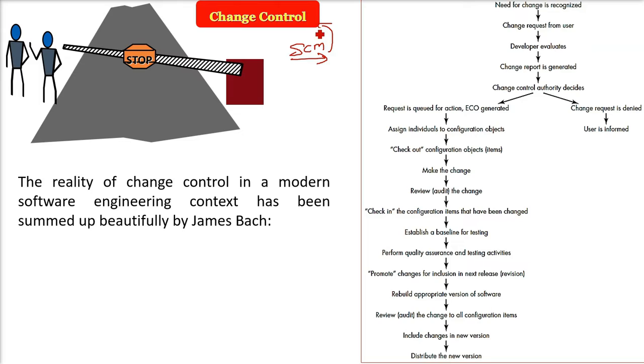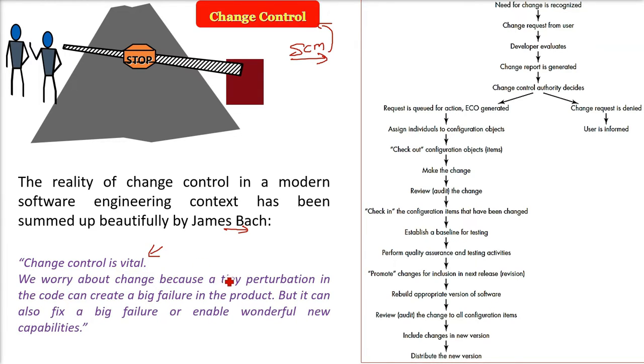The reality of change control in today's modern software engineering context was very beautifully summed up by James Bach. He said, and everyone knows, that change control is vital. What we worry about is that even a small change can be catastrophic to your business. But even a small change can also save your business from catastrophe or failure.